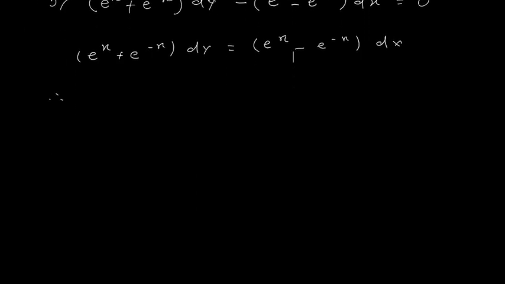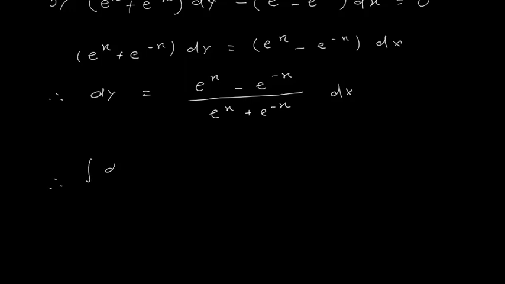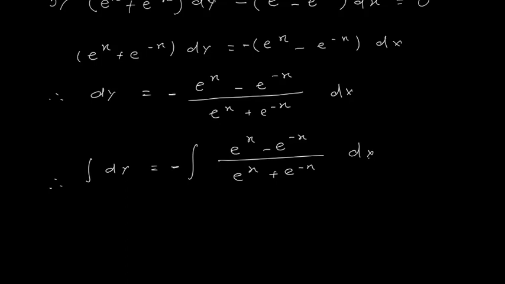Okay, now here I will keep dy. Now on this side it is e power x minus e power minus x whole divided by e power x plus e power minus x into dx. Now I will integrate both the sides, so therefore integration of dy is equals to integration of e power x minus e power minus x whole divided by e power x plus e power minus x into dx. Okay, minus sign is also there, so I will keep this minus sign out.